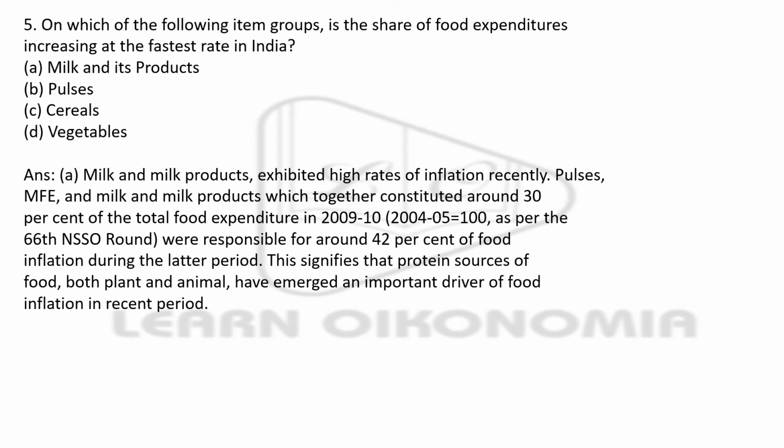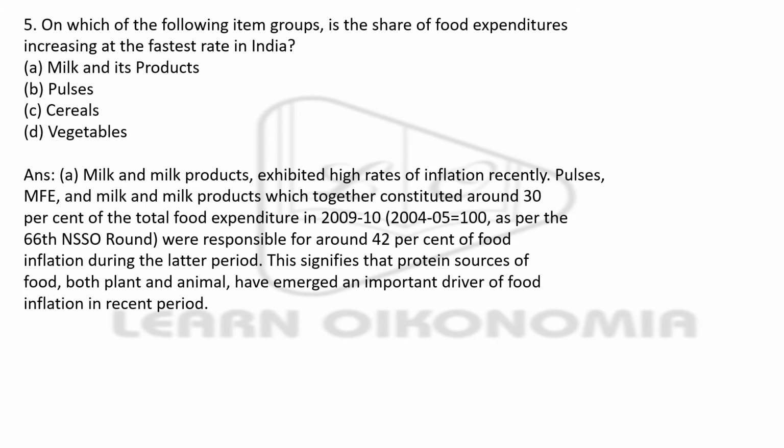to milk production. So here what happens is that there is a high inflation rate with respect to milk and its products, pulses, and all these kinds of things, which together constitute around 30% of the total food expenditure in 2009-10.